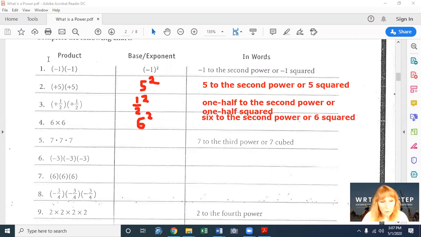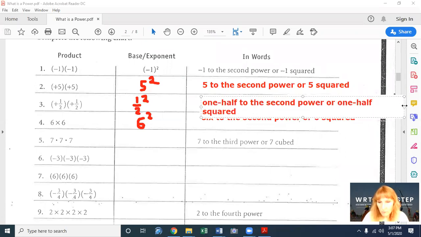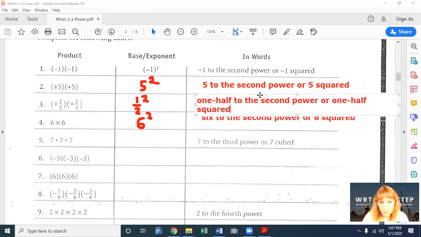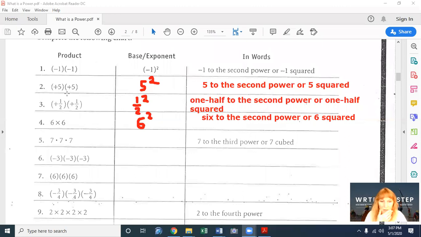I want to fix the other one here too. It stretches out further and it fits in the column better. Okay, so far so good. Let's look at number 6. What is that? -3, -3, -3. That would be -3 to the, how many? Third power.